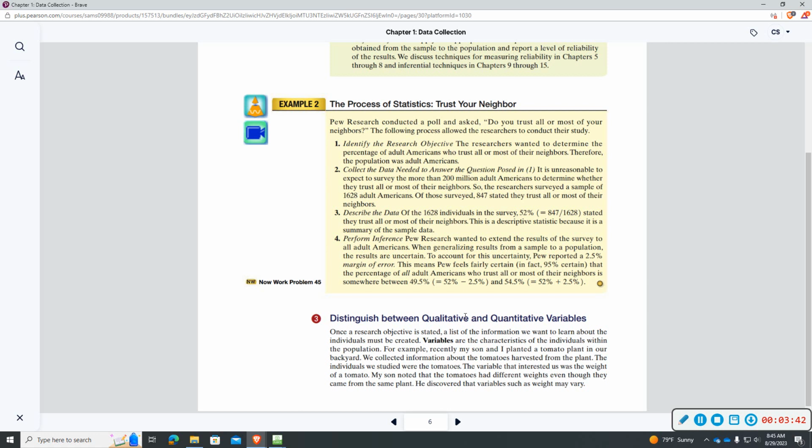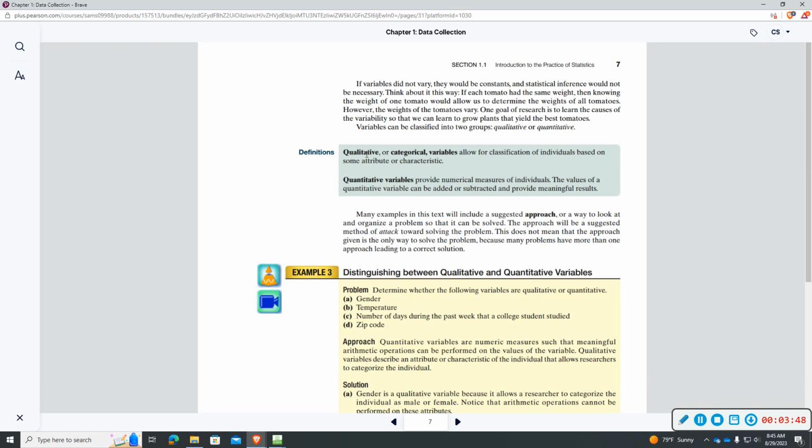Distinguish between qualitative and quantitative variables. So qualitative basically is a category. It's normally non-numerical data. However, it could be numbers, but those numbers you could not do any meaningful math with.